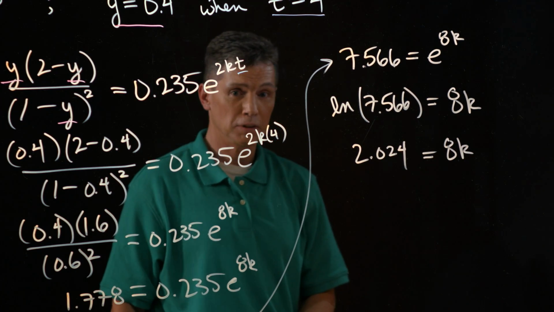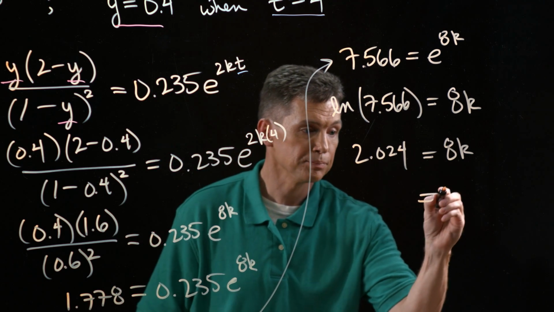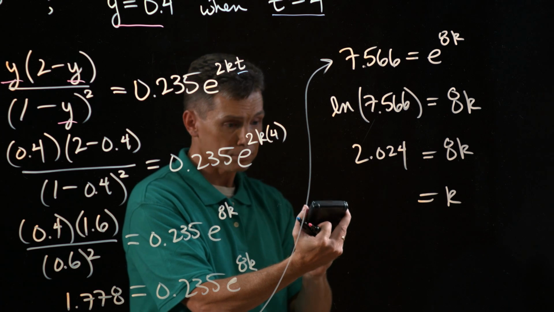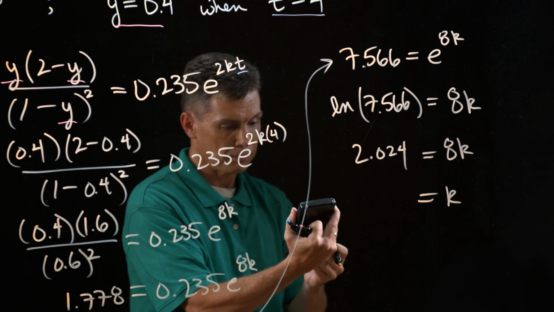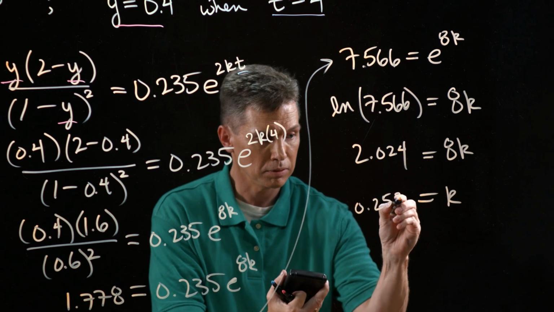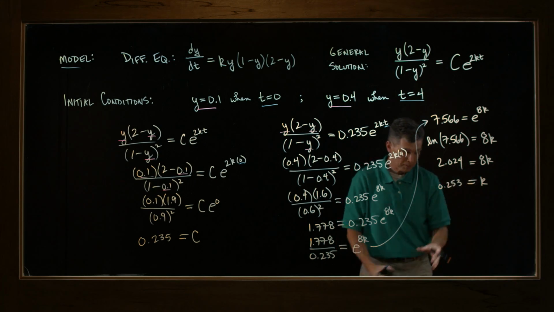Now a nice, easy algebra step. We'll divide by 8, and I think we'll be there. 2.024 divided by 8 is 0.253. That's my value of k.